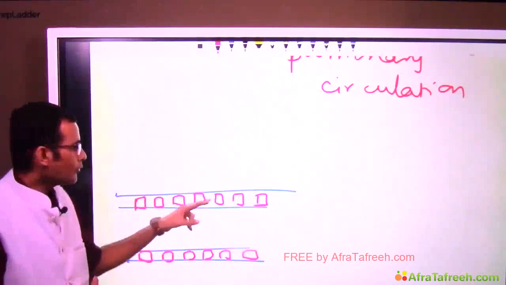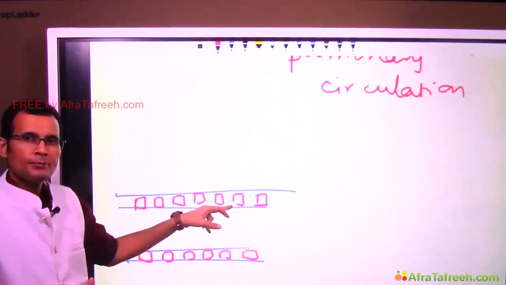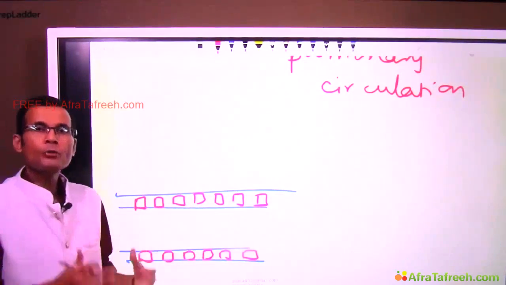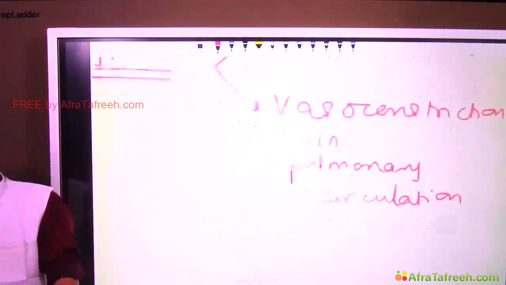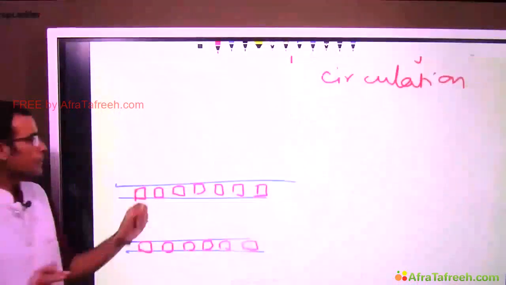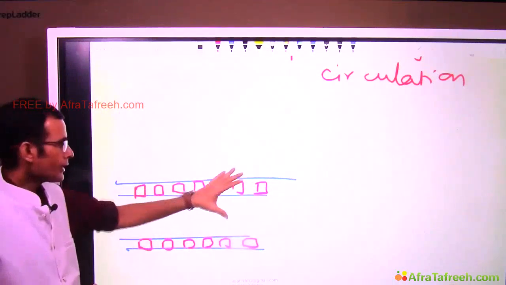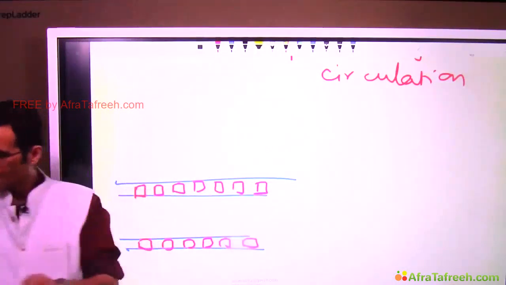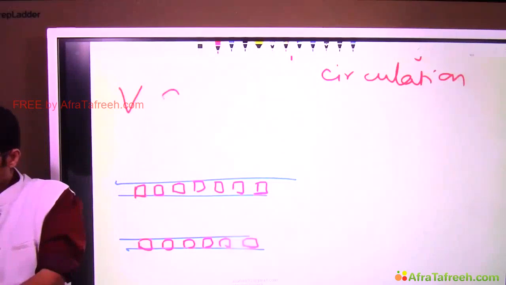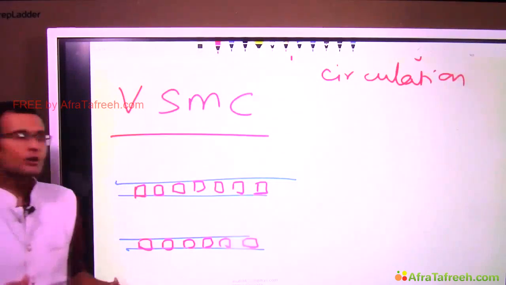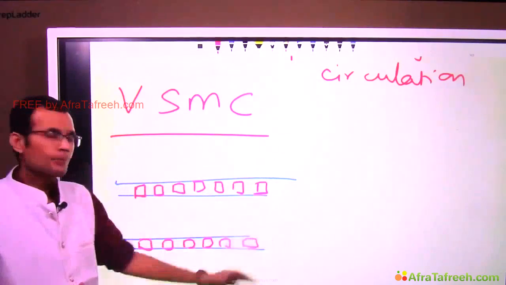In the membrane of these smooth muscle cells, we are looking at the channels. So, I am calling it VSMC, vascular smooth muscle cell.